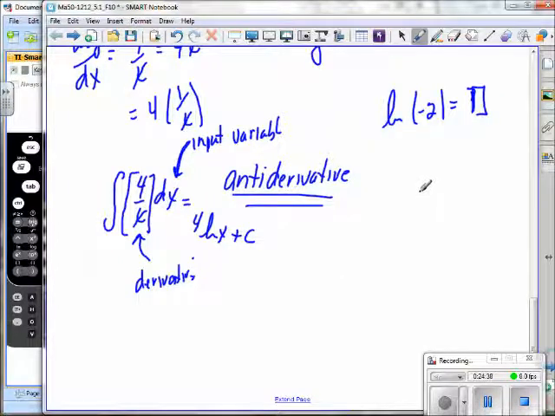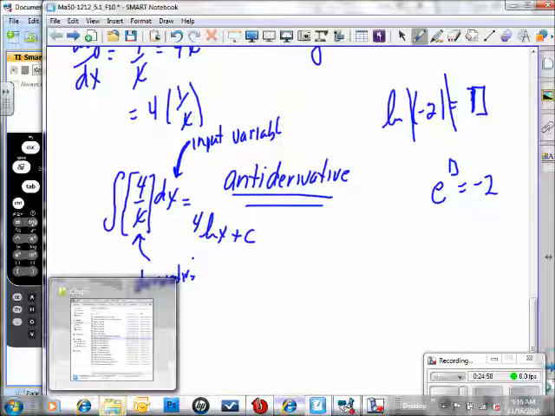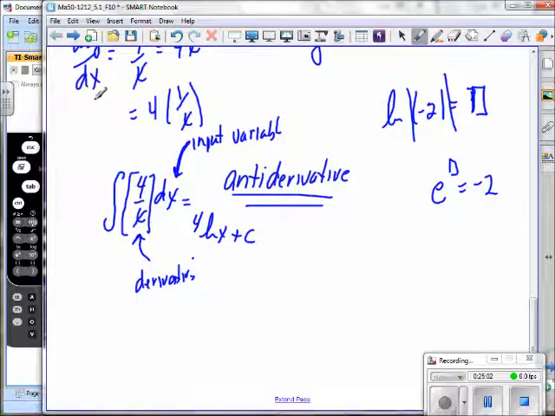This is my exponent. What's the base of my exponent? e. So e to what power gives me -2? Is it possible? No. And that's why it has the absolute value in there, because it's impossible to take a log, whether it's natural or any other, of a negative quantity. Okay, well that's just the introduction to this piece.